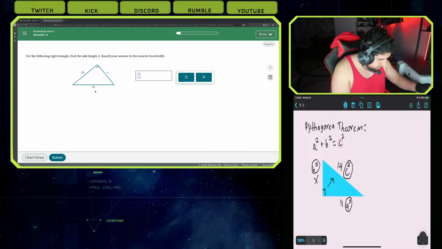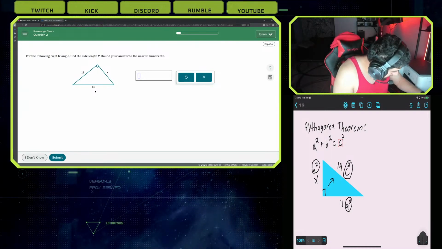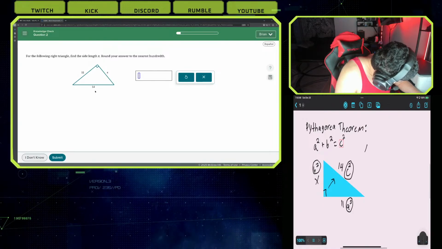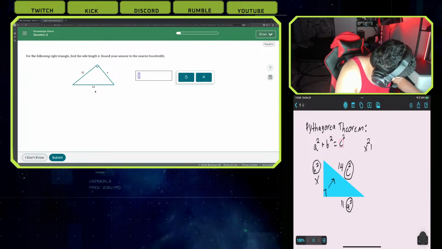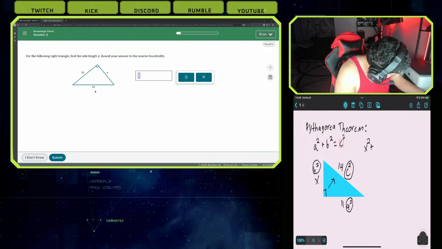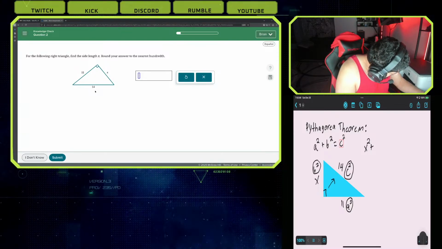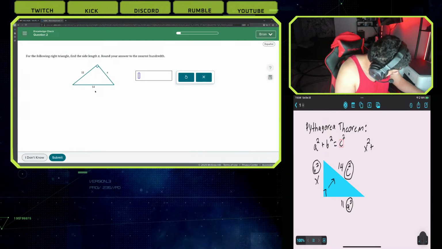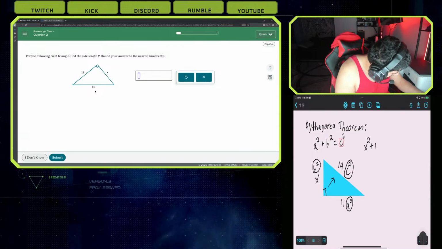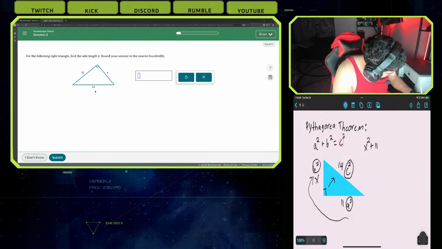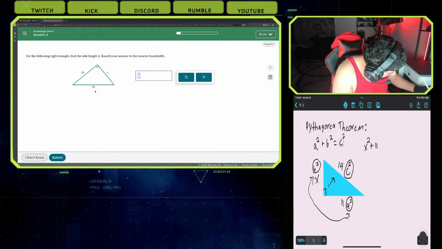So x squared plus, well, whatever. 11 is the a. We could just switch these terms. It doesn't matter.